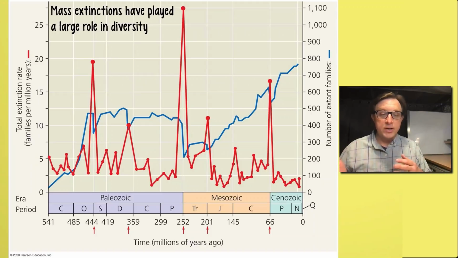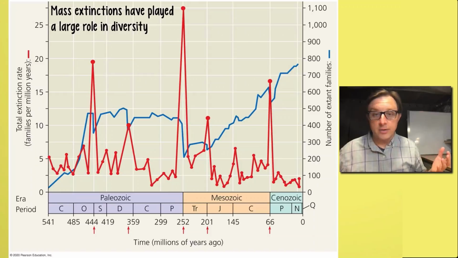The most recent one was around 65 million years ago, after the Cretaceous period, and that's the one that wiped out all of the large dinosaurs. The largest mass extinction was about 252 million years ago, referred to as the Permian mass extinction, and it actually marked the end of the Paleozoic era.